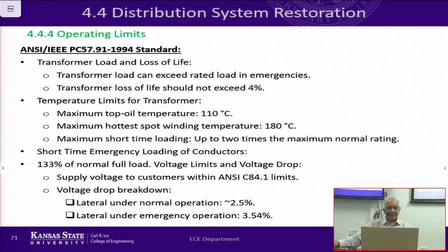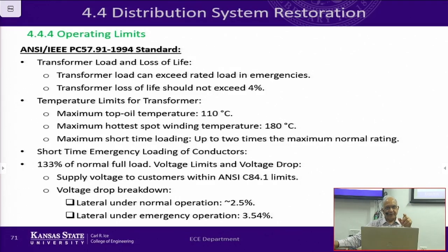So maximum top oil temperature is not allowed to exceed 110 degrees Celsius because the transformer is inside a tank. So the oil becomes hot. The top part of the oil is hotter than the bottom, and the oil circulates. So the top oil temperature should not exceed 110 degrees.